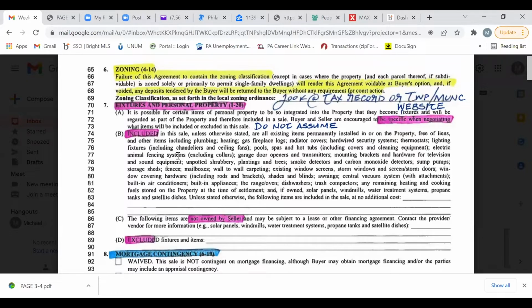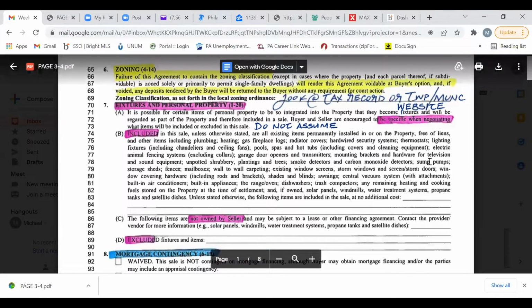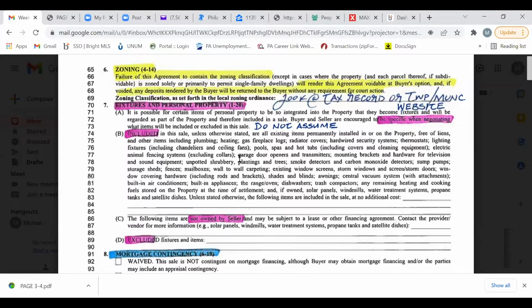The collars can stay with the owner. The system has to stay. Garage door openers and transmitters, mounting brackets and hardware for TV and sound equipment. Not the TV and sound equipment, but the hardware for it that has been screwed into the walls, integrated.